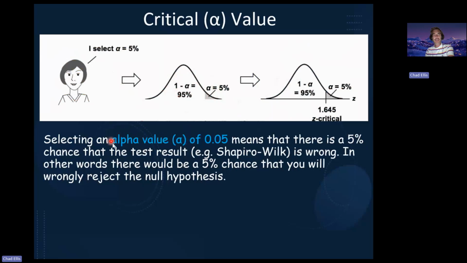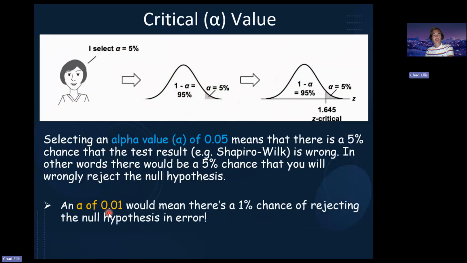So really what the alpha value is telling us, say if we set an alpha value of 0.05 in the Shapiro-Wilk test, this means that there's a 5% chance that the Shapiro-Wilk test is wrong. In other words, there'd be a 5% chance that we would wrongly reject the null hypothesis.